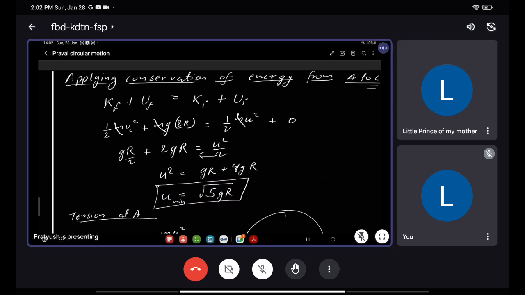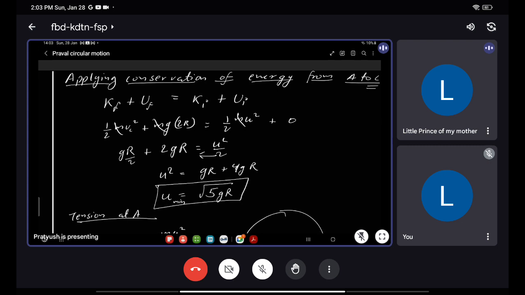Next is applying conservation of energy from A to C. Now at C, we know what the velocity is, and we also know the height at C. That's why we can know the total energy at C. Potential energy at A is 0. Kinetic energy, we don't know, we want to find out.